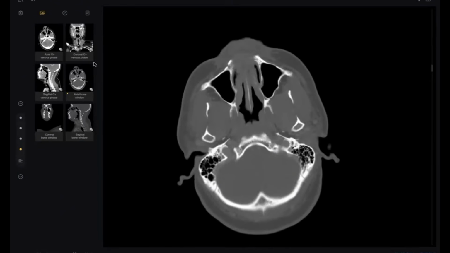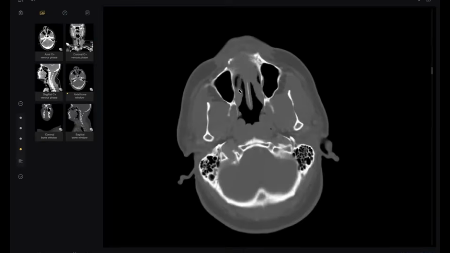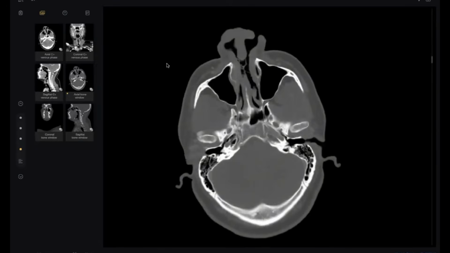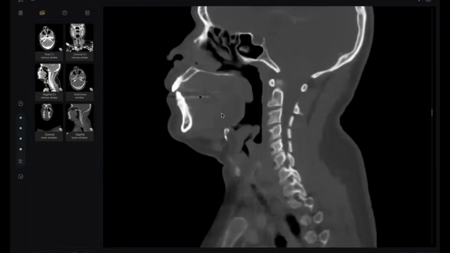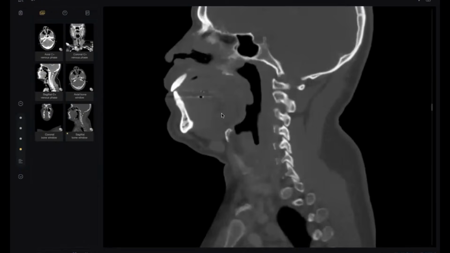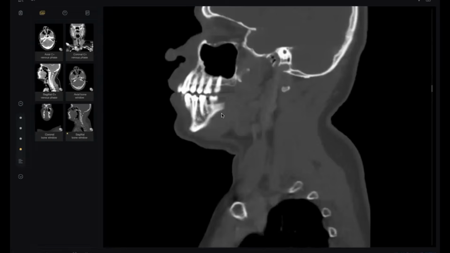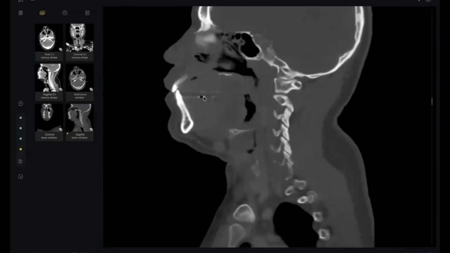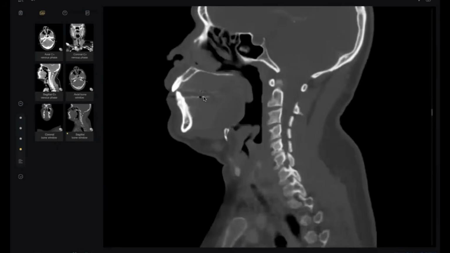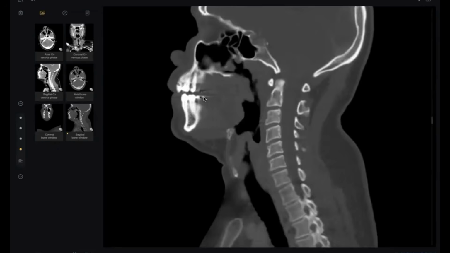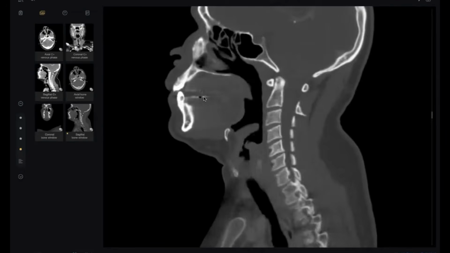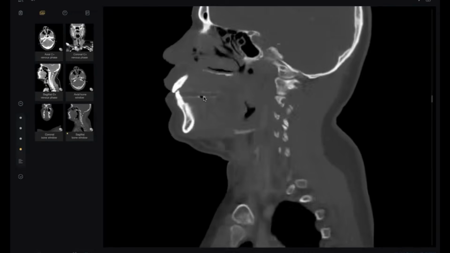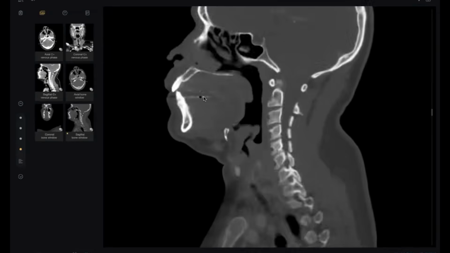There is cortical irregularity and destruction of the vomer bone. Look here also. What happened? So there is cortical irregularity and erosion and lucency noted along the superior alveolar arch.